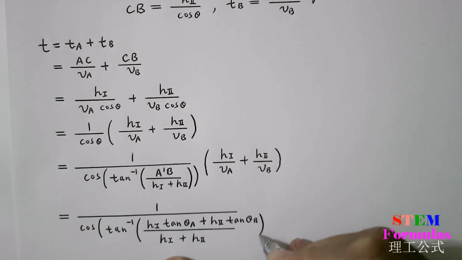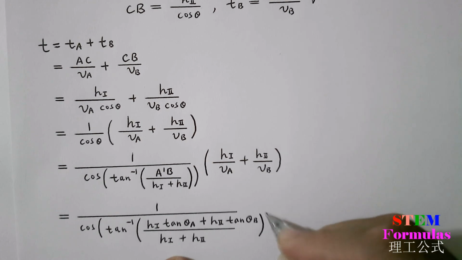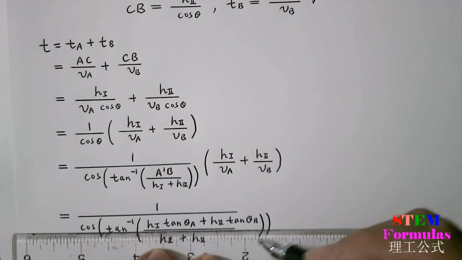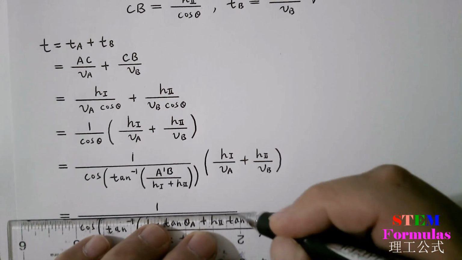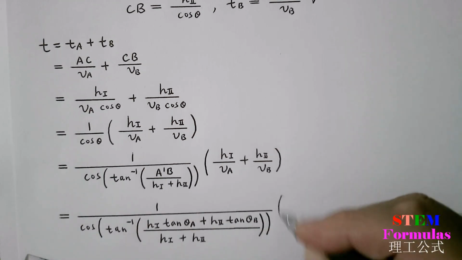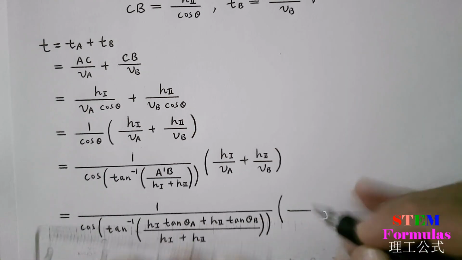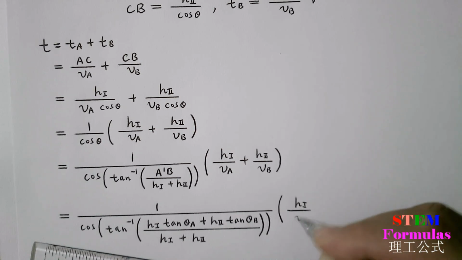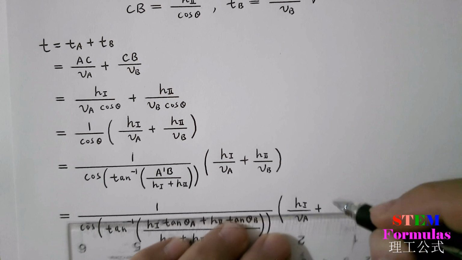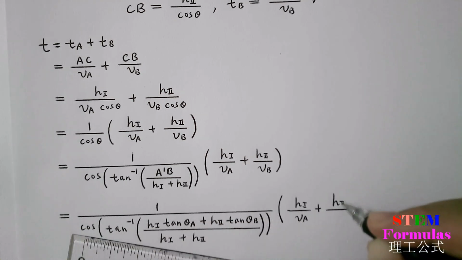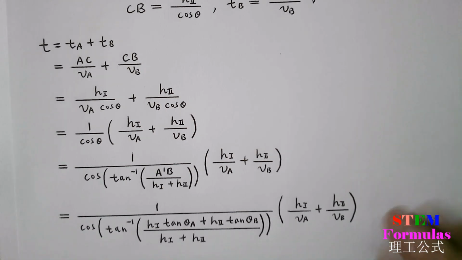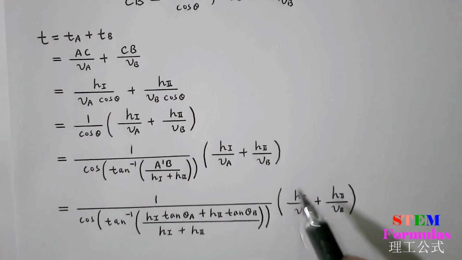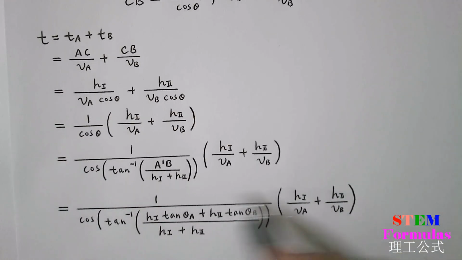Here's bracket and here's bracket. Now H1 over VA plus H2 over VB. This is the final formula for the total time.